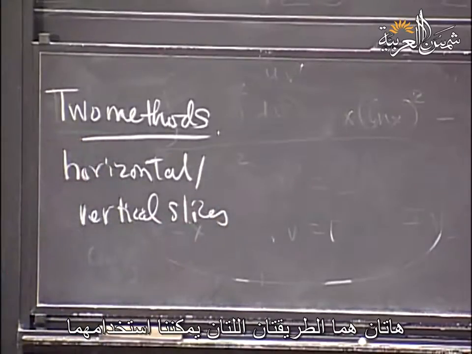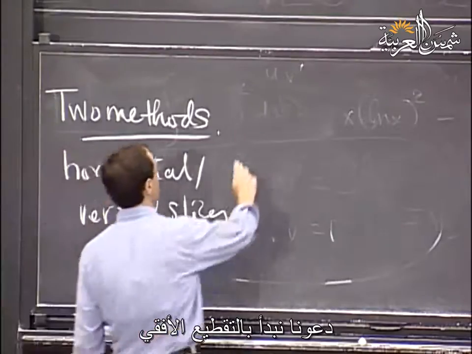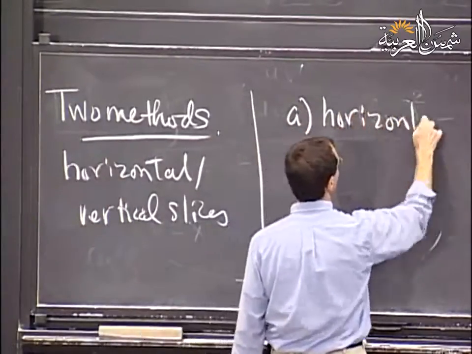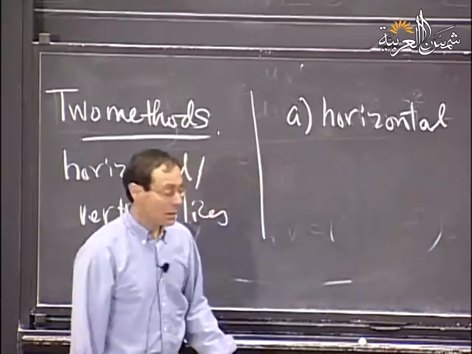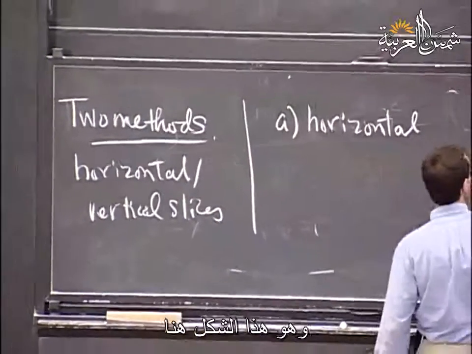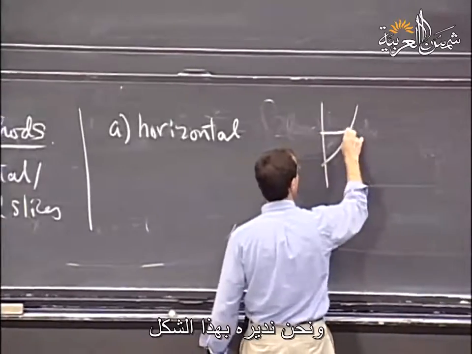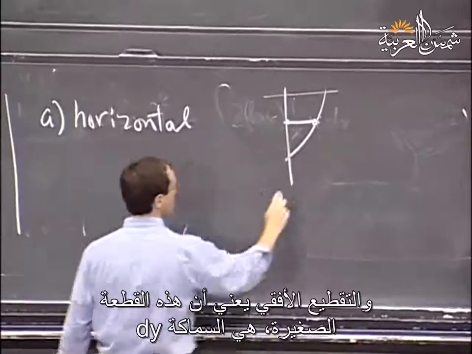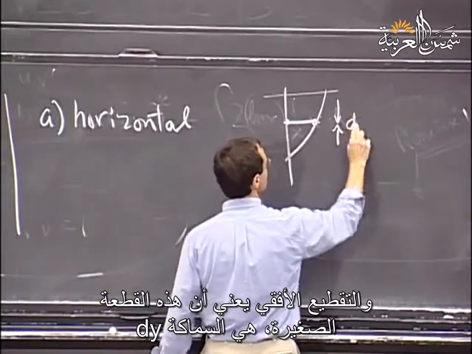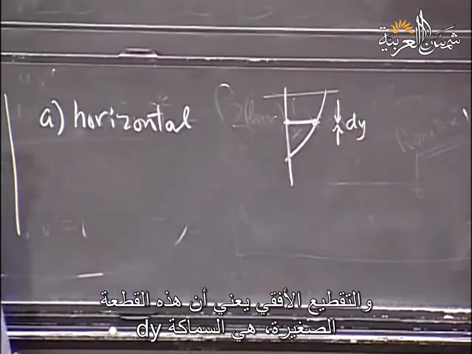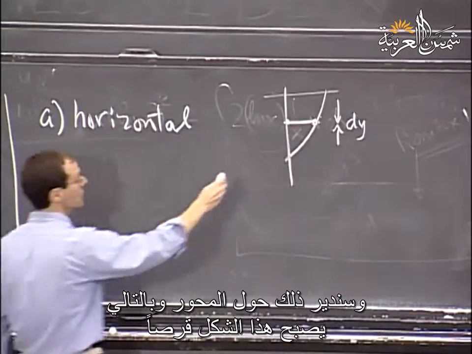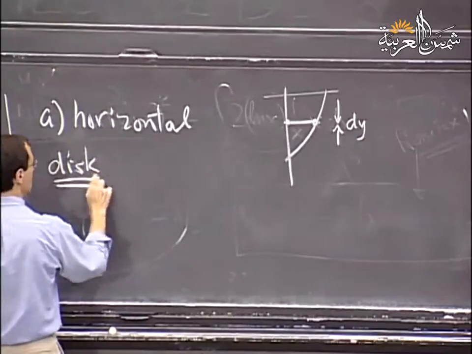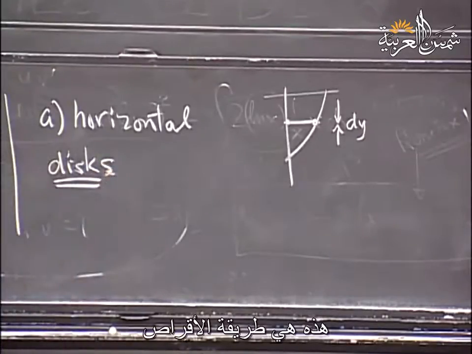Those are the two ways we can do this. Now, let's start out with the horizontal ones. That's this shape here, and we're going like that. And the horizontal slices mean that this little bit here is a thickness dy. And then we're going to wrap that around, so this is going to become a disk. This is the method of disks.